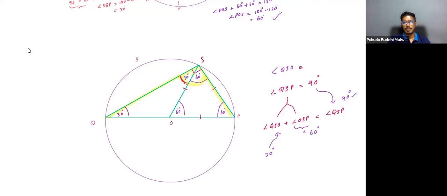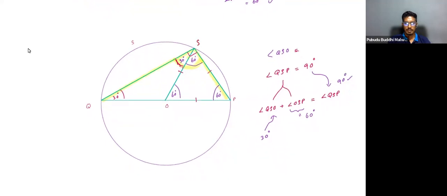Then we also need the SOQ angle. Right? SOQ angle. For that, it's very easy. Basically, this angle, the angle next to 60 degrees. There are two options.